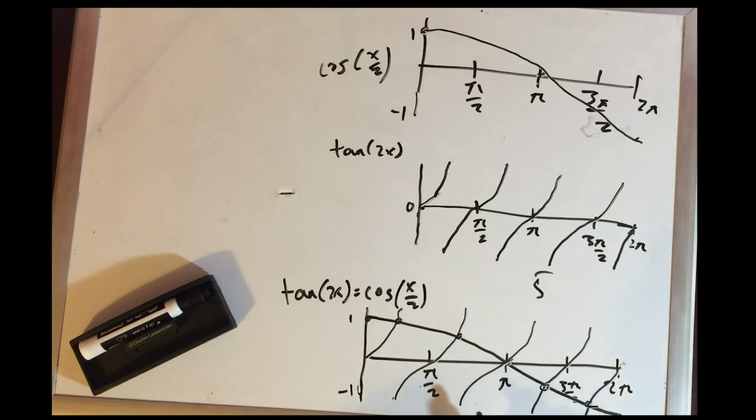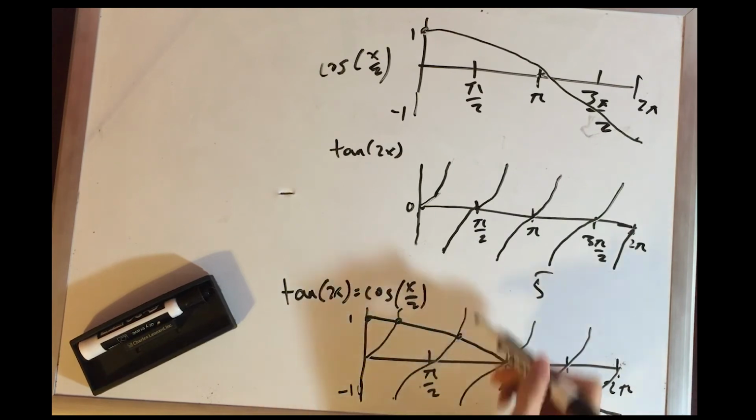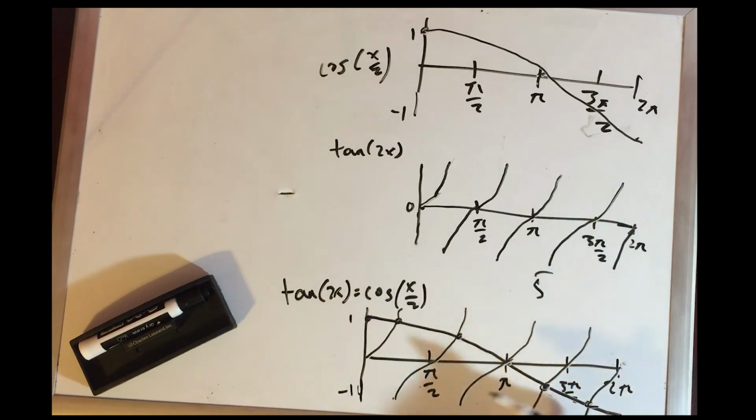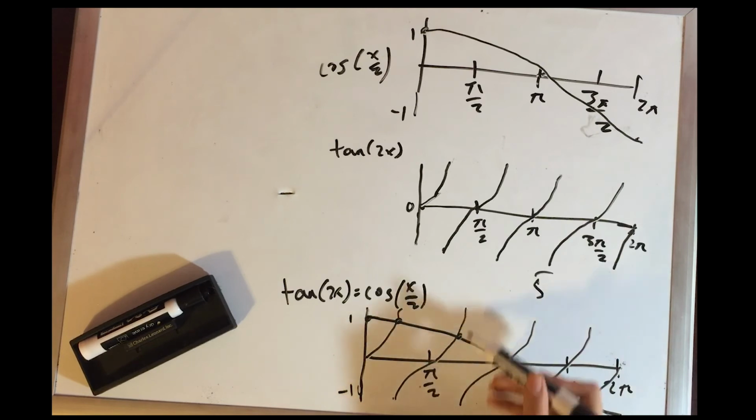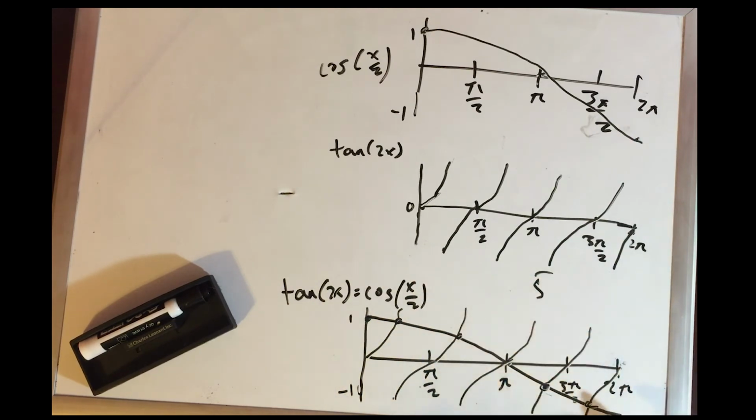And after you graph this, you can see that my graph can be pretty bad, but I would still probably get the answer right, because this is almost like a straight line, and the tangent function goes straight up a certain number of times.